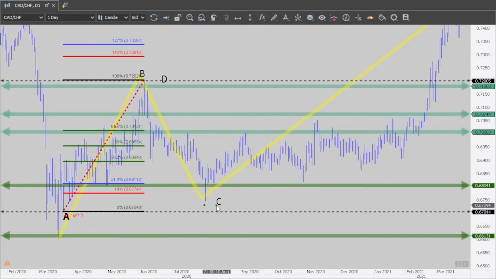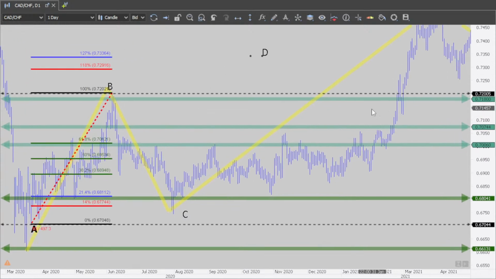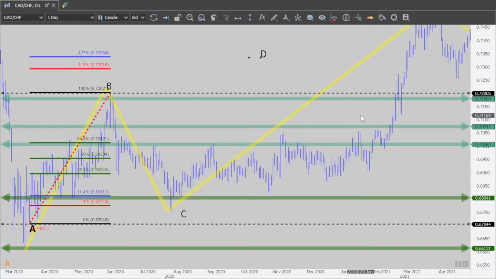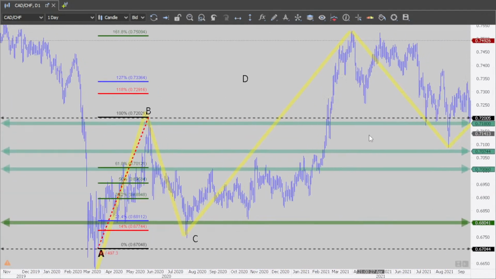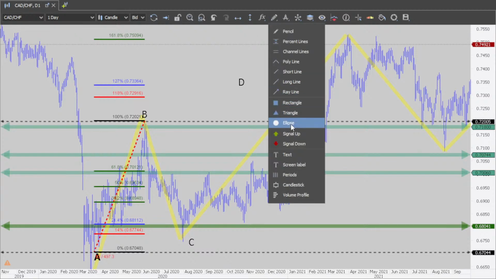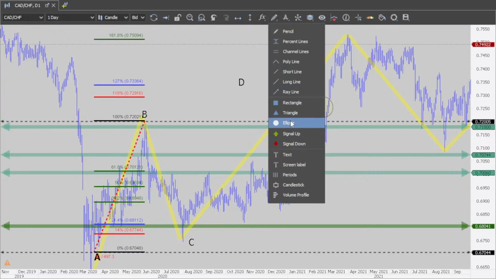So one more time, correlation. Now this is the C. Which one is our D, the extension? Which one is our D extension, everybody? Is the first circle our D extension? Is the second circle our D extension?